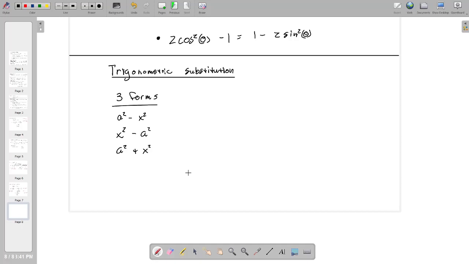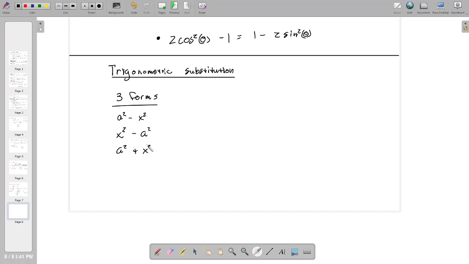When we use trig substitution, we're assigning x to be a trig function. Picking that trig function depends on the form. We have a negative x squared, a positive x squared, and a negative constant squared, and then we have a constant squared plus a positive x squared.